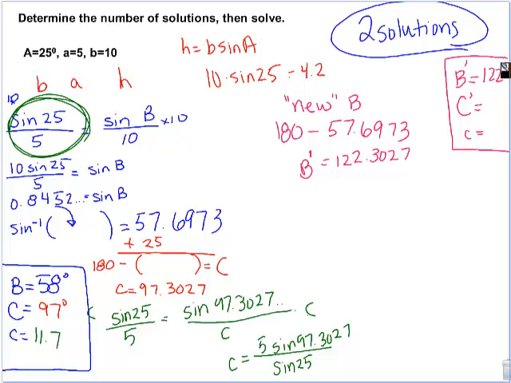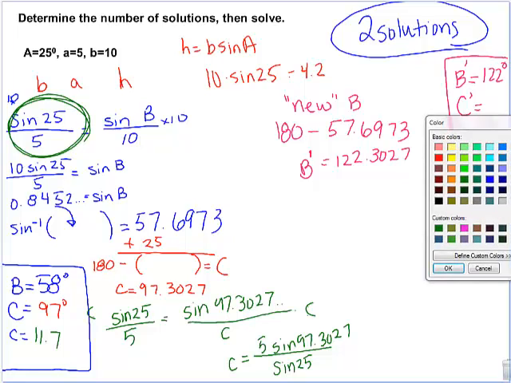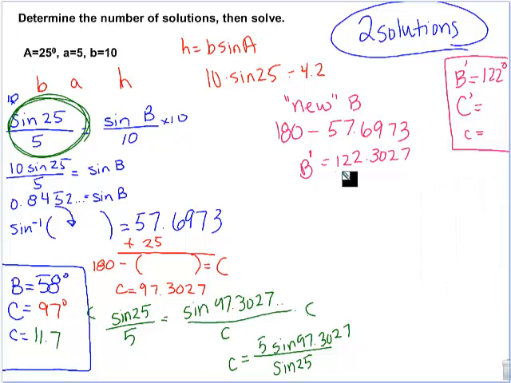Now, how would we use that to get our other new angle of C? So here's one angle, 122.3. Here's our other angle, 25. How can we find the third angle of this triangle? Yeah, so we'd add it up and subtract it from 180. Same process we were doing, just with a new angle.